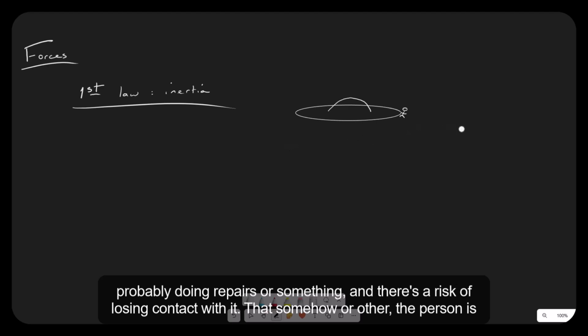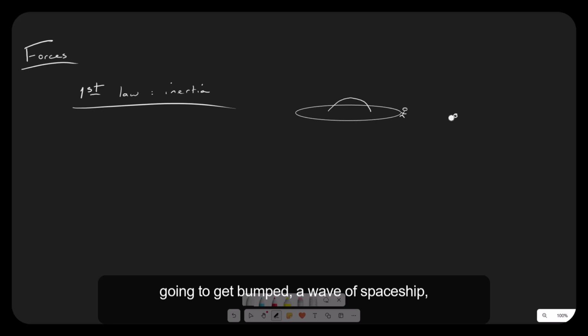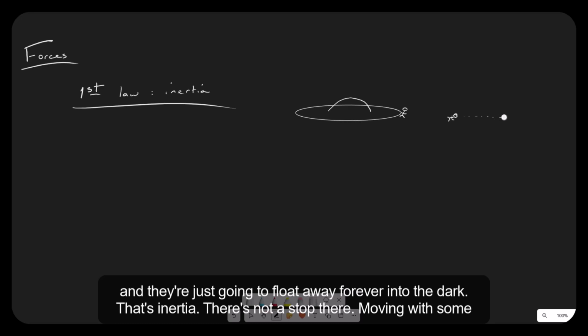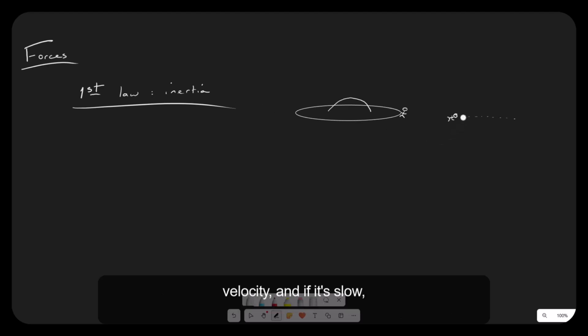That somehow or other the person is going to get bumped away from the spaceship and they are just going to float away forever into the dark. That's inertia. There's nothing to stop them. They're moving with some velocity, even if it's slow. That's just going to keep on forever.